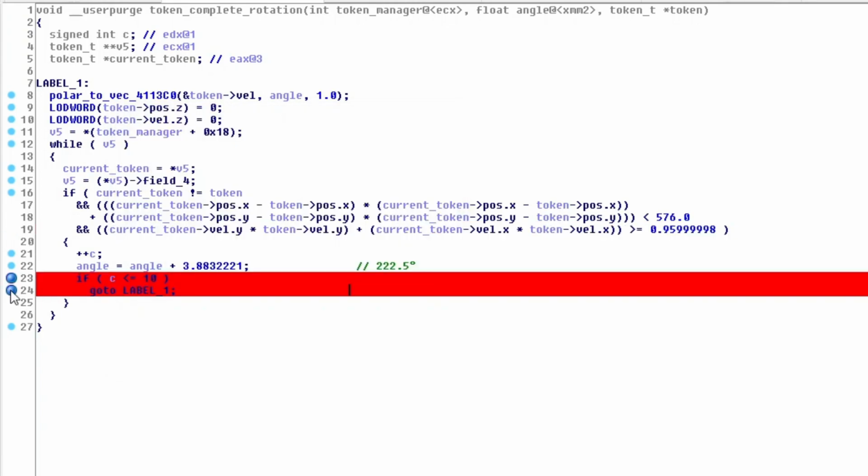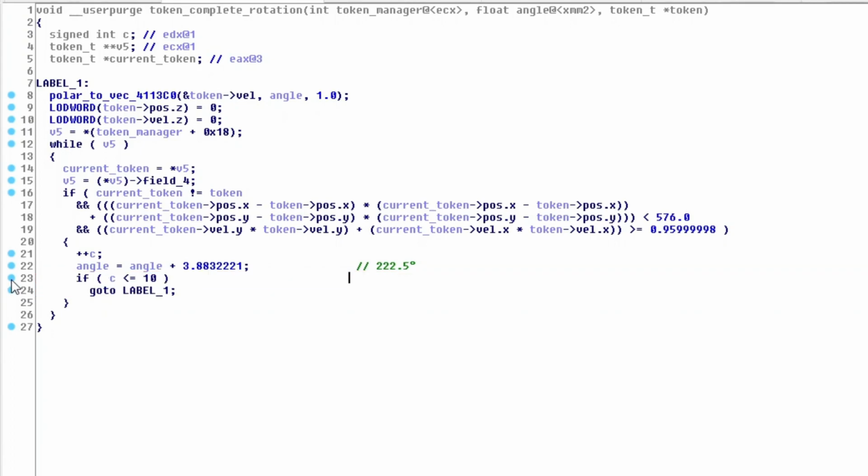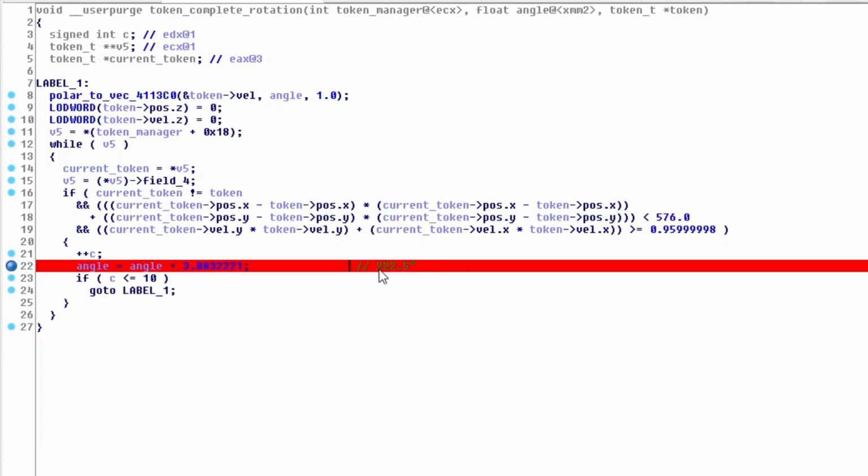And for the first 10 tokens that meet this condition, the animal token that just bounced off the screen gets rotated by another 222.5 degrees. Which tokens the first 10 are depends on the order in which they were spawned in.